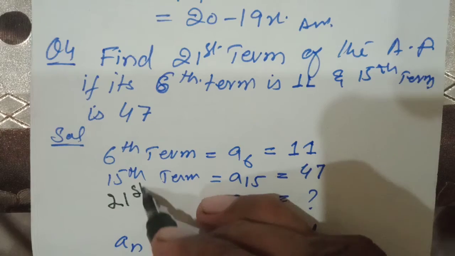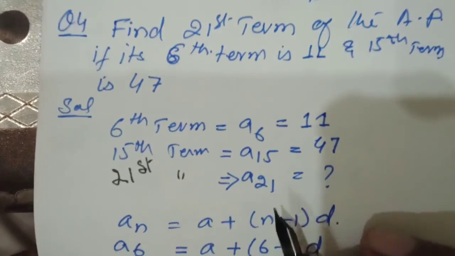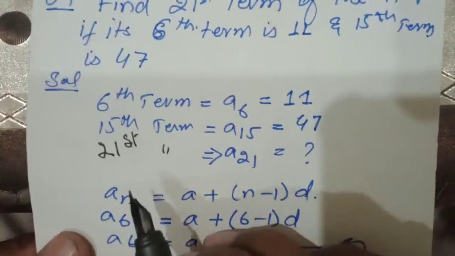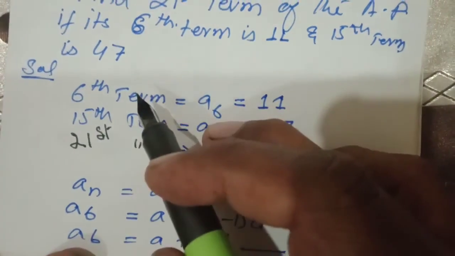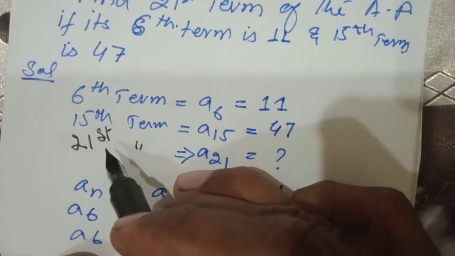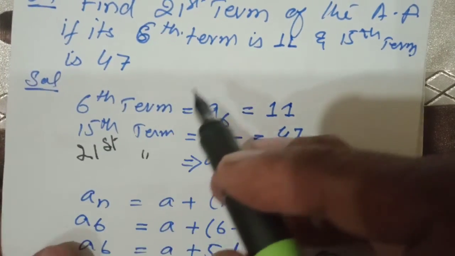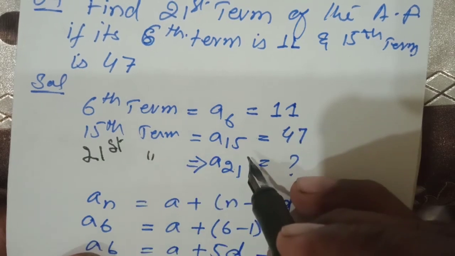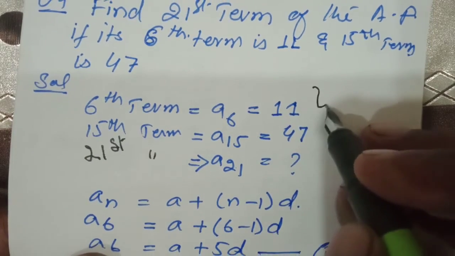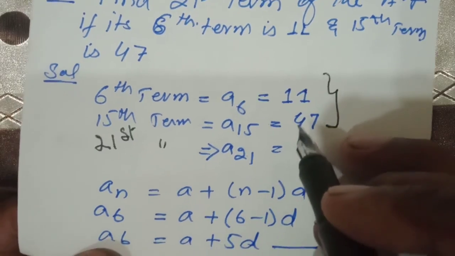What will you do? You have the formula an = a + (n minus 1)d. For finding the 21st term, you need the first term a and the difference d. We will find a and d from this data.